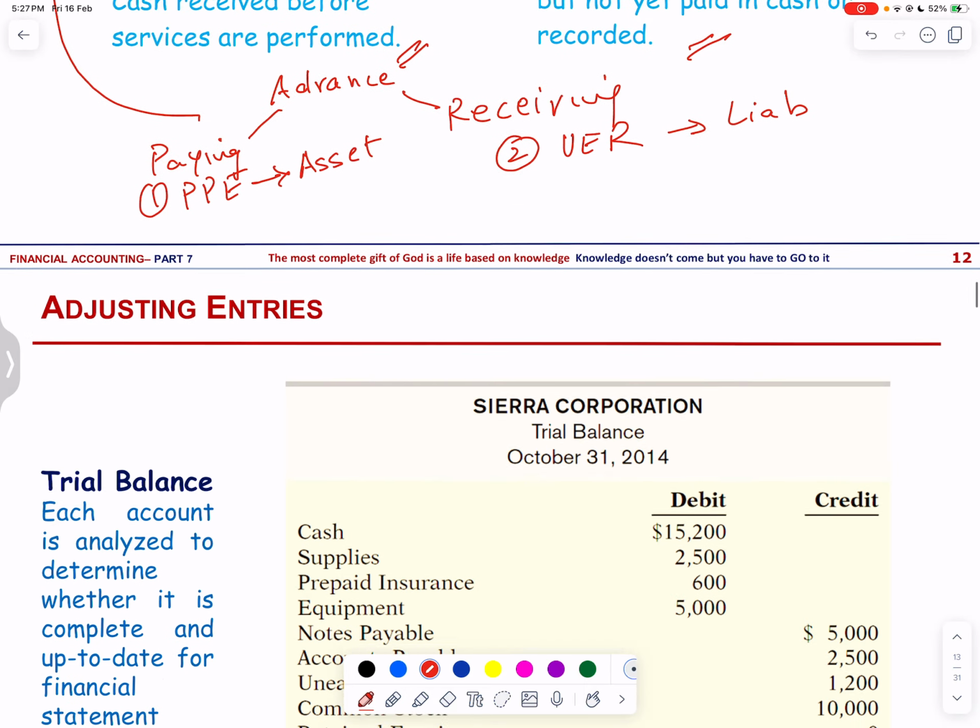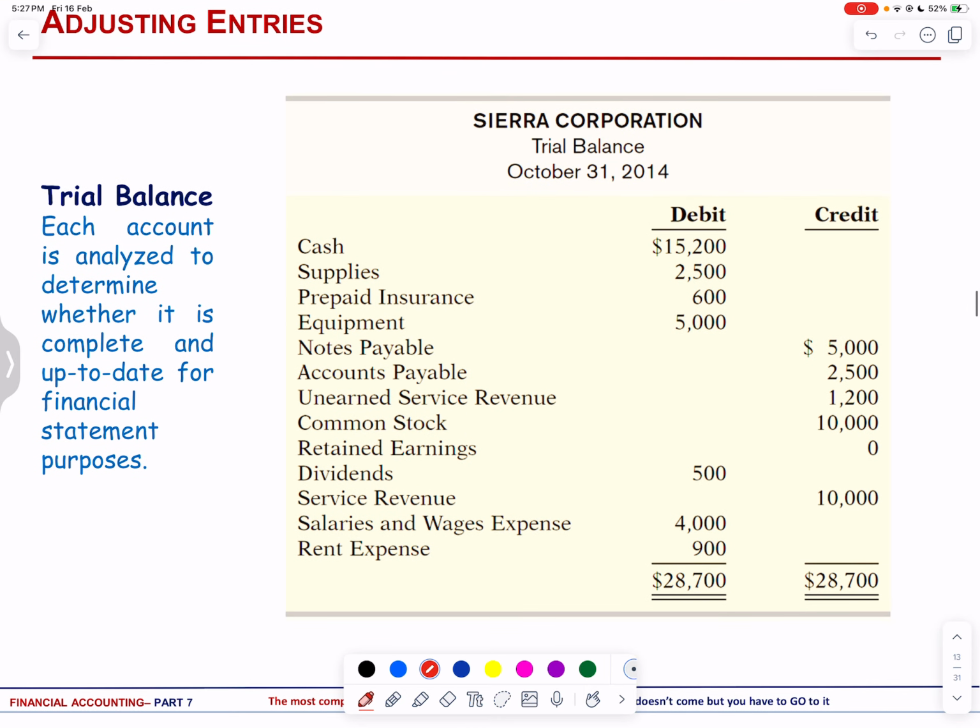Okay. Now, this trial balance is from my previous video. If you want, you can look into the accounting equation, and this is the trial balance of Syra Corporation, and we are going to look into the adjusting entries that may be required for this business.